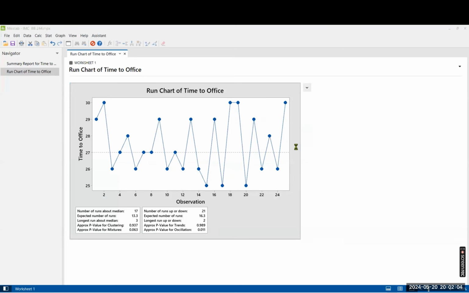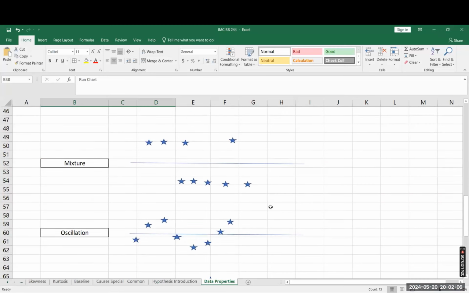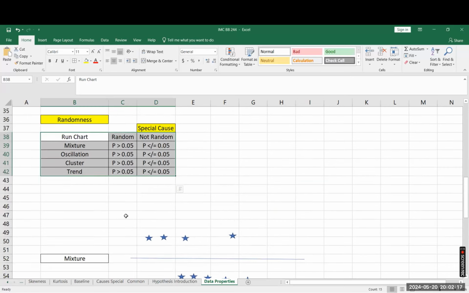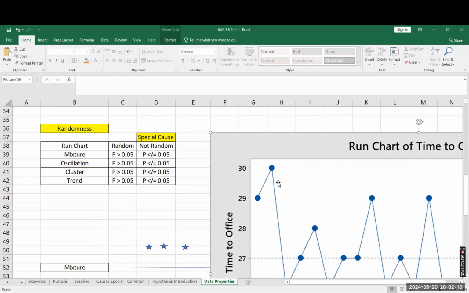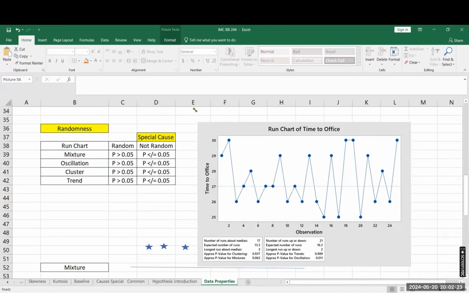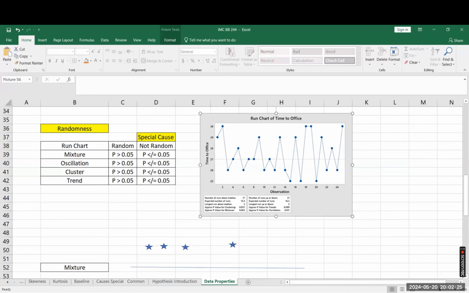When data values are making ups and downs, like these waves they are making, then it is an oscillation. So significant oscillation is present in this data, and because of that, data is not random. That's how we check it.